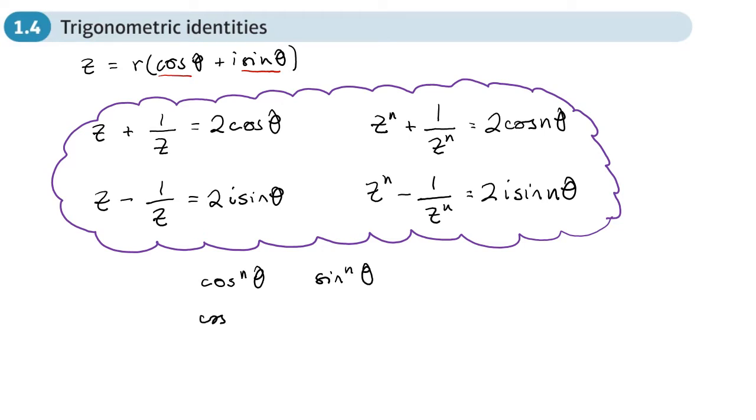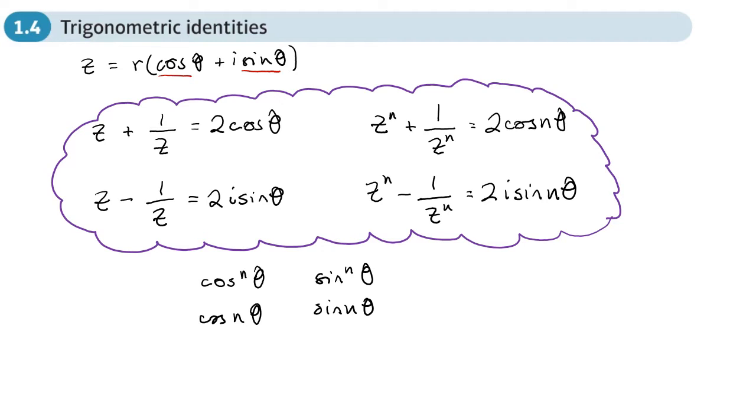Or it may be that we have some sort of multiple. So we're going to have some sort of statement that says one of these things equals something and we need to prove it, or maybe we need to write it in a form that's all sine or all cos without the power.